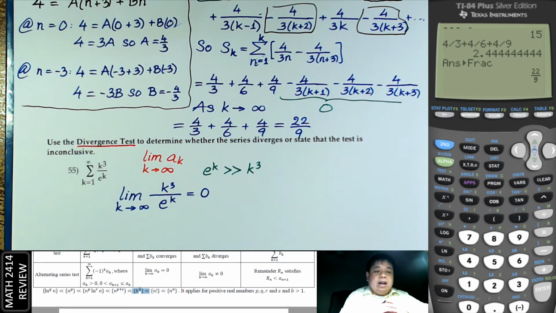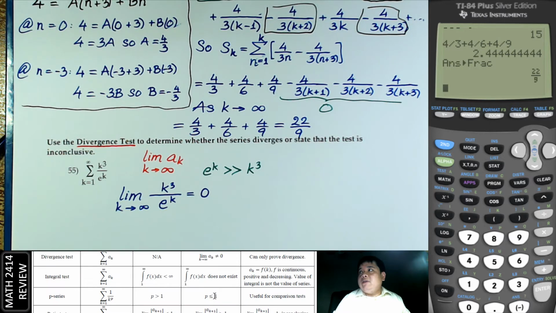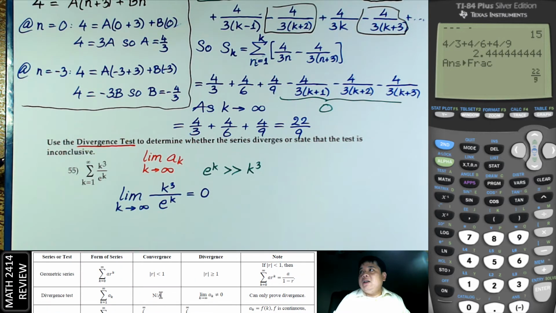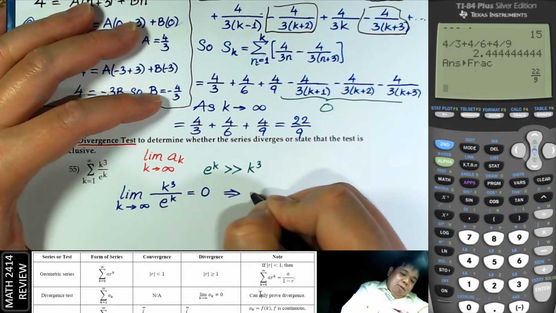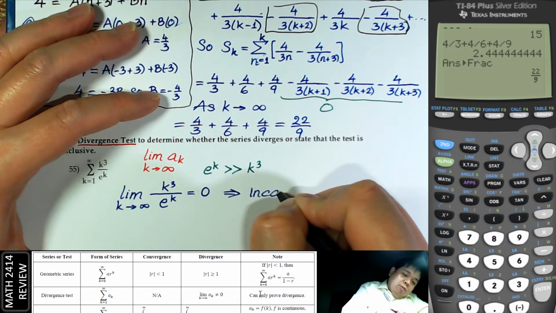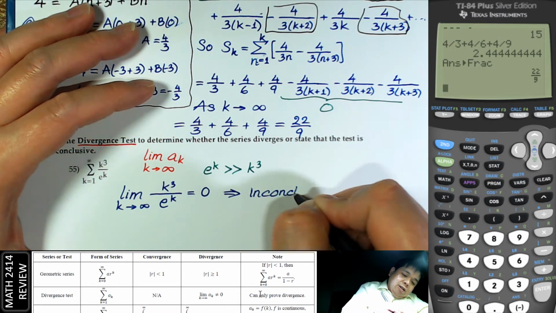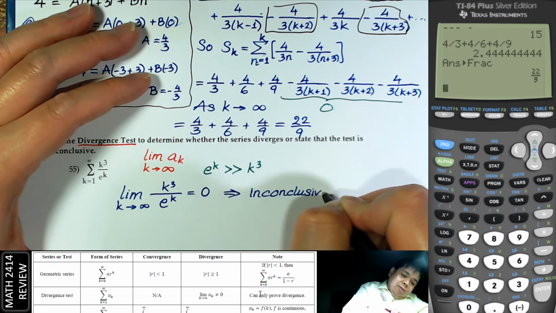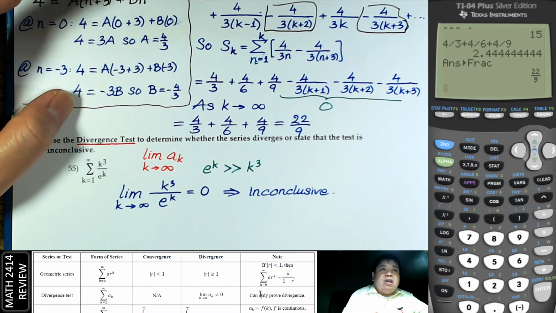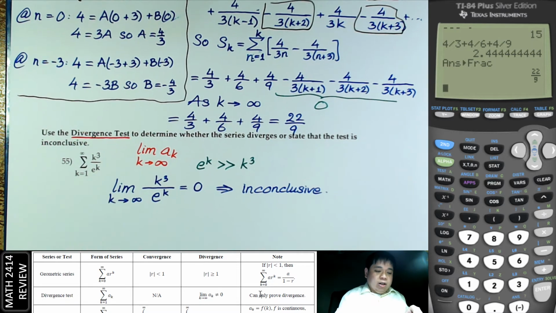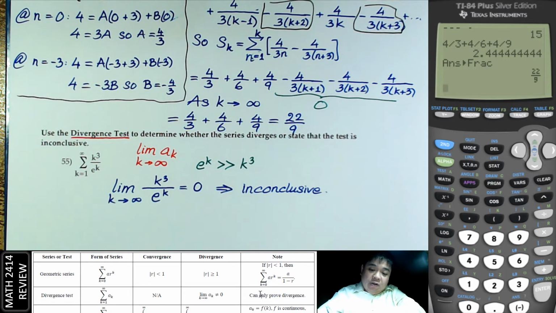Right, now if it is equal to 0, let's say that it is inconclusive, meaning that this test doesn't work, we have to use some other test. There are a lot of things like the comparison test or ratio test that will work. But if we use the divergent test, it cannot tell us anything here.